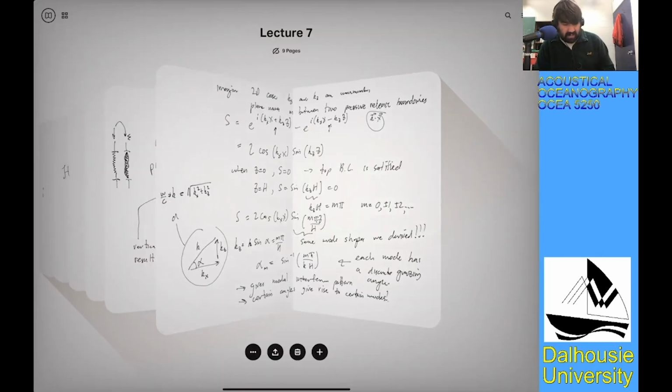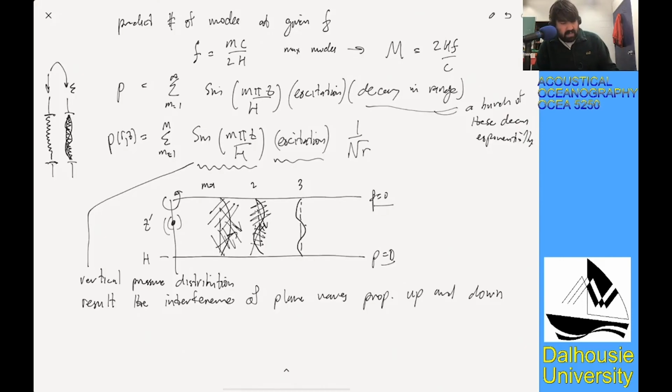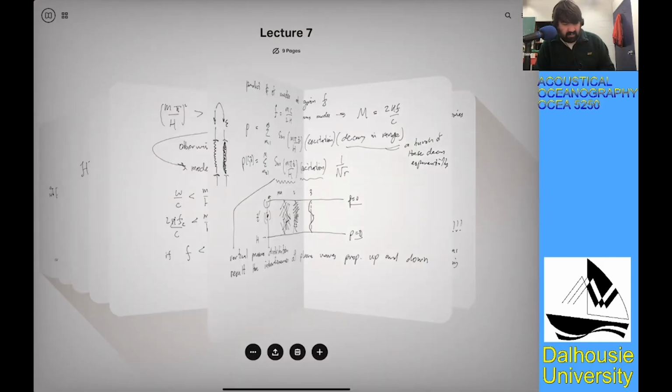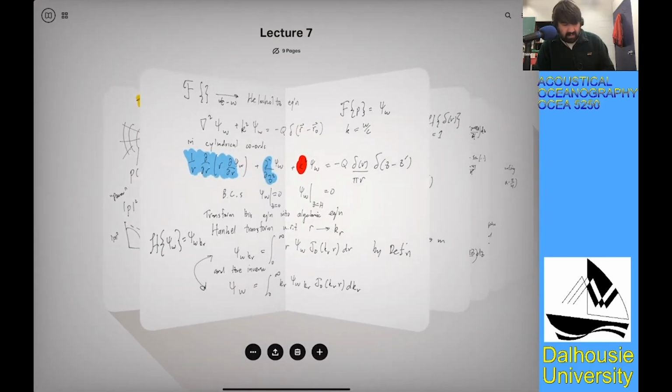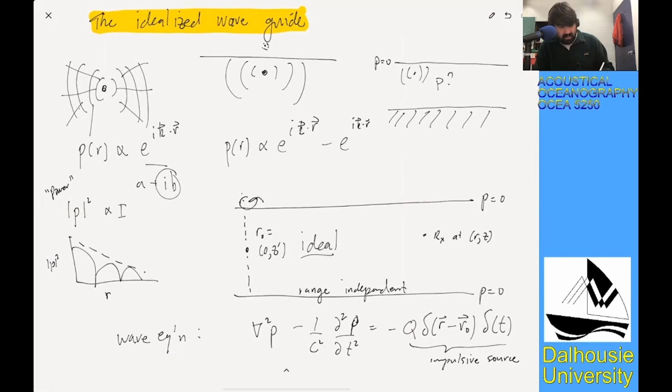What have we done now? If we go back here, we've basically figured out a way to express the pressure field as a summation of modes. When we started doing that, we thought we were going to do the same thing that we did in our first free field condition and in our deep ocean homogeneous sound speed condition.